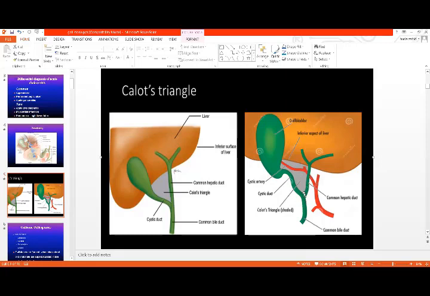Where is the common hepatic duct? The reason being, if you tie it there, you have completely blocked the drainage of the bile. If you damage the common bile duct, you have completely blocked it. Okay? So do not ligate the common hepatic duct or common bile duct.